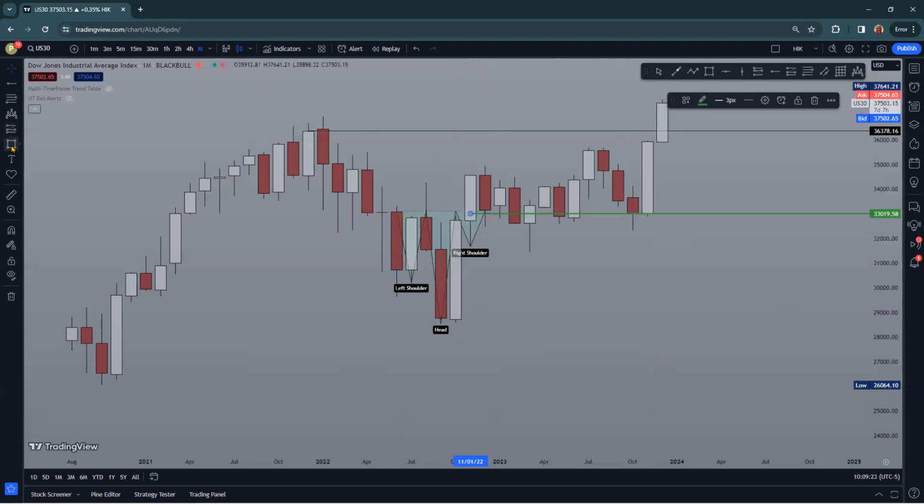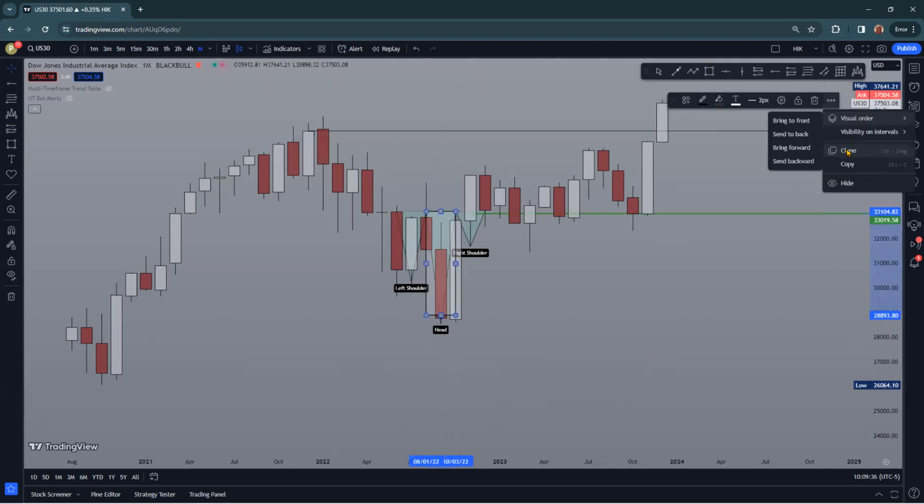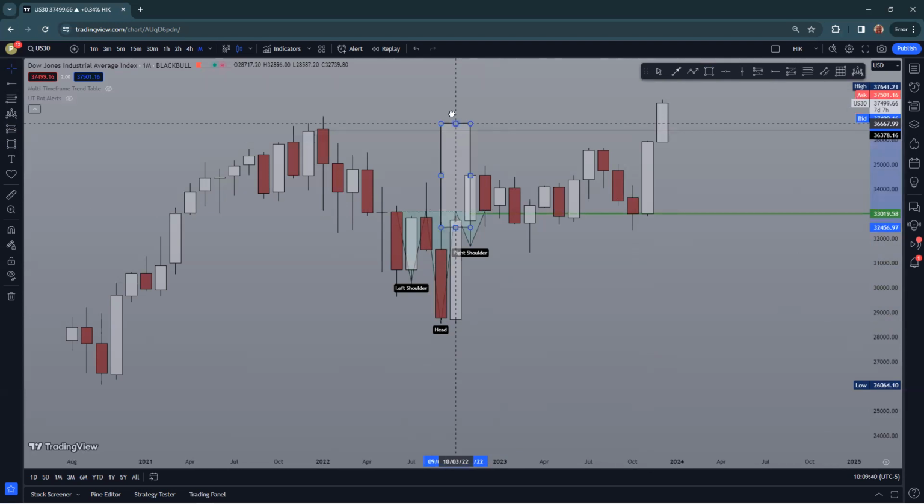Now, if we box this up like we did in a previous picture, right? Pull this out, stop at the bottom of the shoulder, copy it, or clone it. Then we pull it out, and we put it right below.